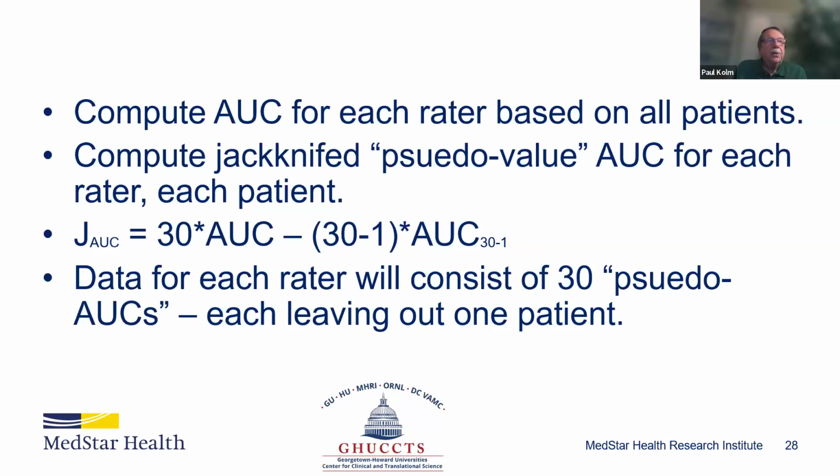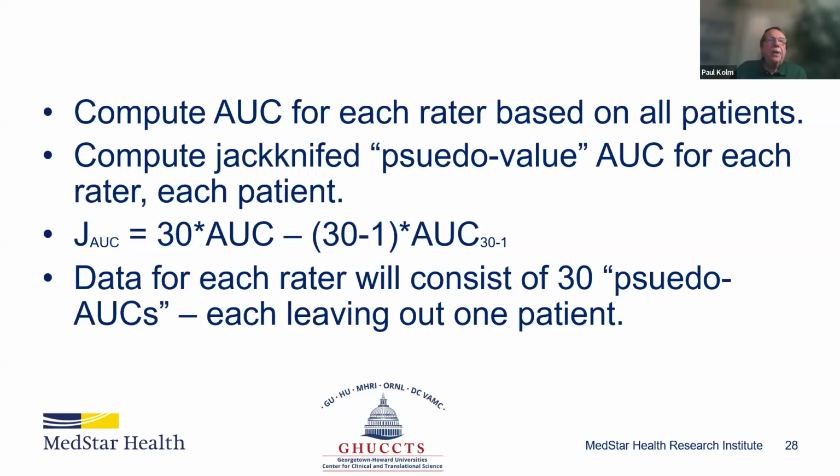And so the calculation, the formula I have there, is 30 patients times the average AUC minus 29 times the AUC with one patient left out. And so the data for each rater will consist of 30 pseudo AUCs, each having left one patient out.